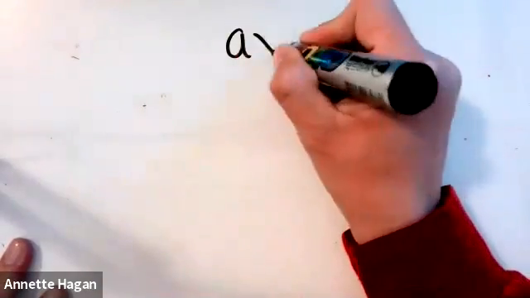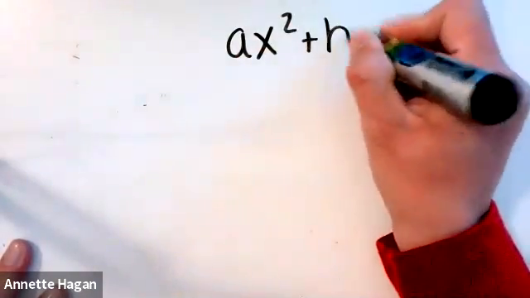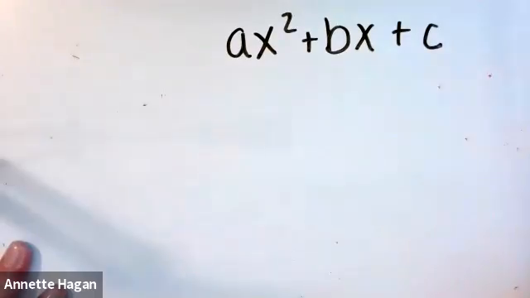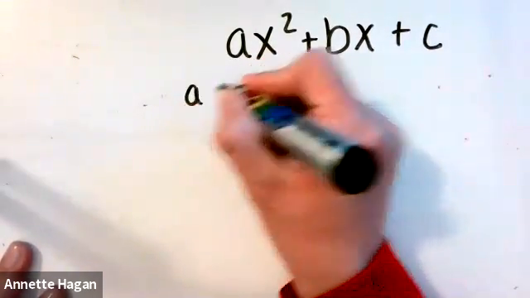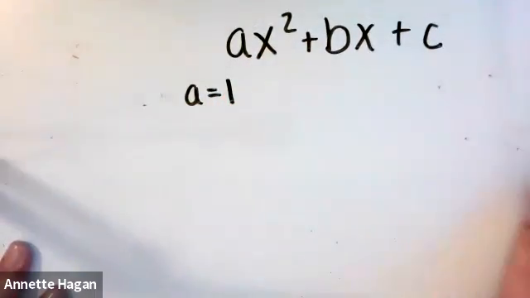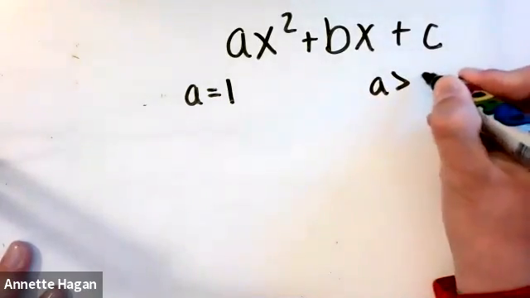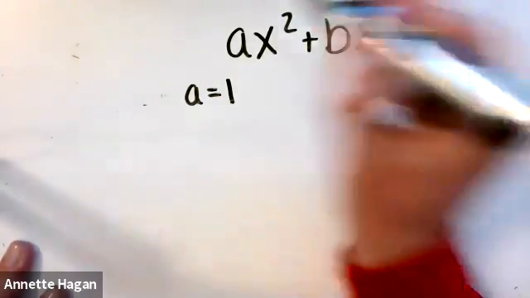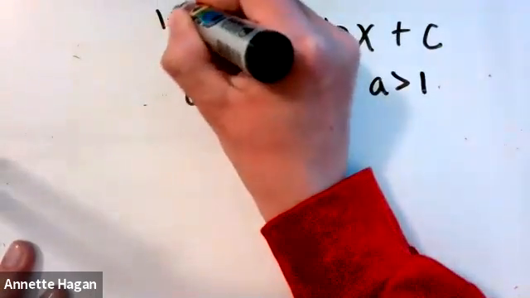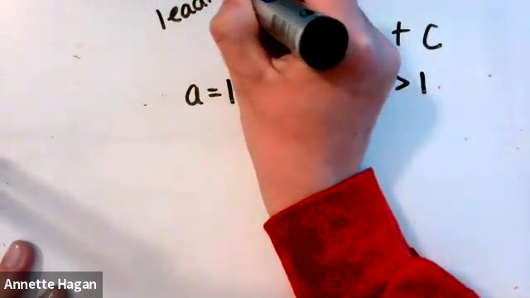Starting with all the trinomials we are factoring are in the form ax squared plus bx plus c. And all the problems we're going to do are either going to be in the form where a is 1 or a is a number greater than 1. We call a our leading coefficient.